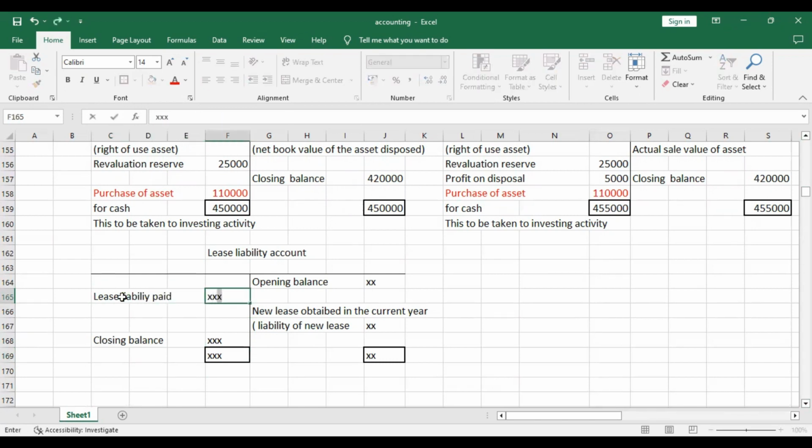So this will be the balancing figure. This lease liability paid, where you are going to take it? To the financing activity. Take it to financing activity.